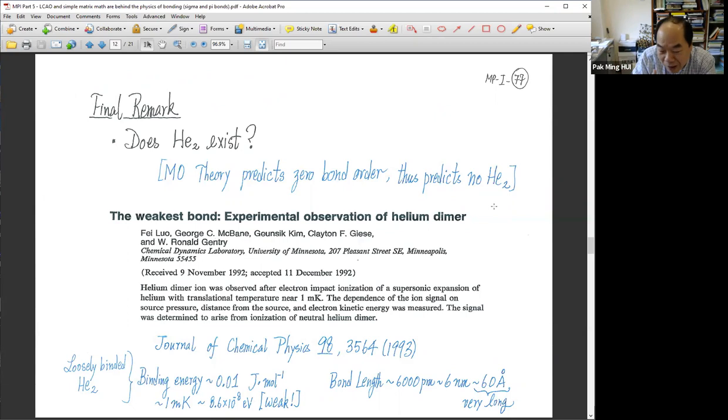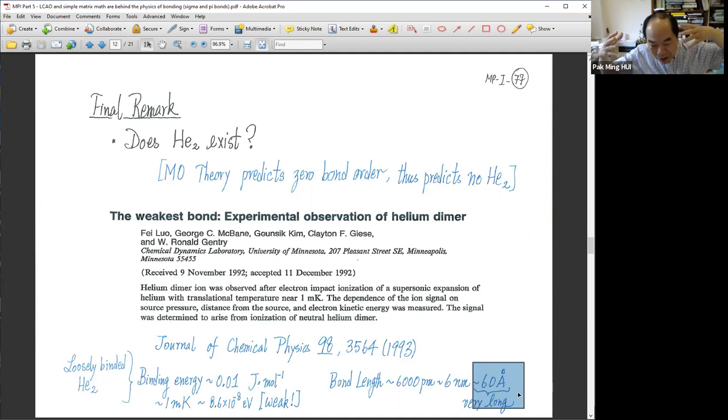But still, a very fancy experiment has been done, and I give you this abstract of a paper in a good journal. It says that they found evidence for the following thing. There is a helium-2 molecule, but look at this first. The bond length is 60 angstrom, so very far away.